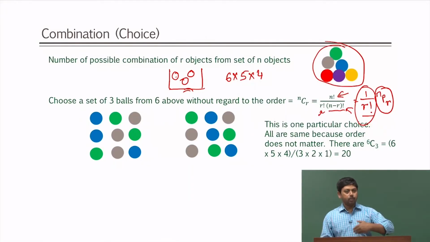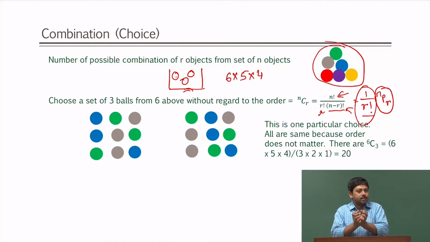From permutation, if you divide by the number of balls that are grouped together, that will give us combination. So, combination means you combine things. You combine 3 balls and give them a single label, just like what is mentioned here.